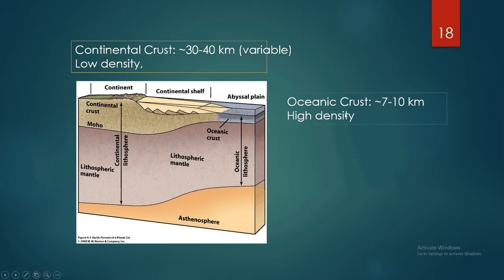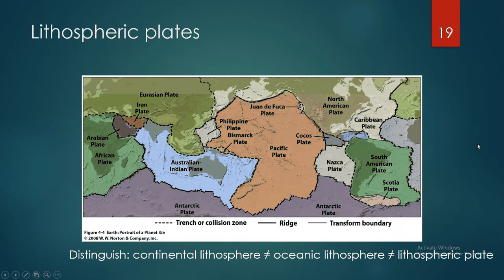It's a higher density. It's like comparing a small block of steel to a small block of wood. The steel is going to be more dense, it's heavier than the wood, right? Okay. And then we have the mantle, lithospheric and asthenospheric mantle, which is quite high density too.